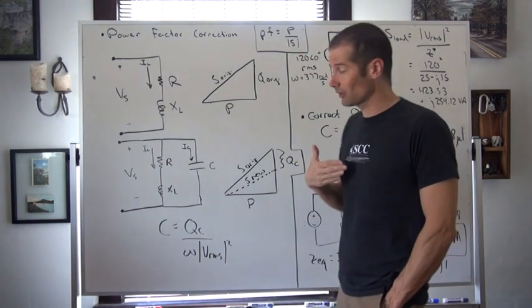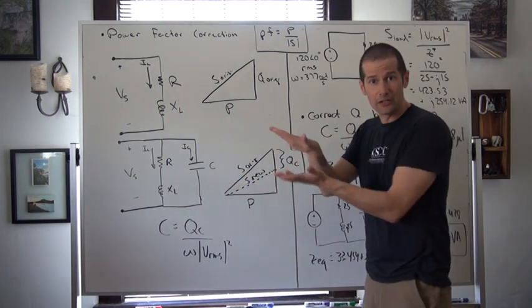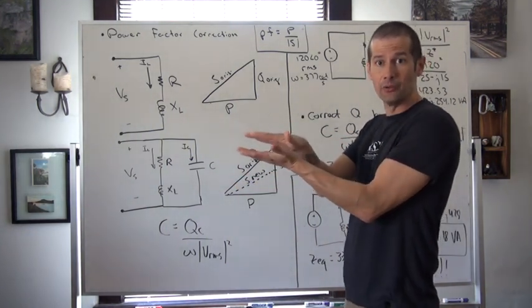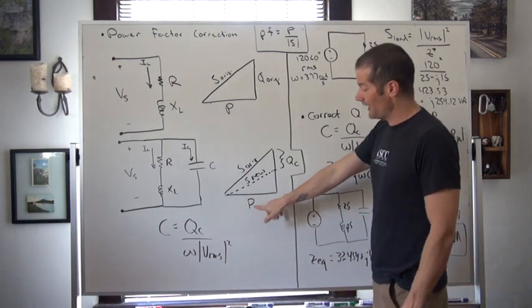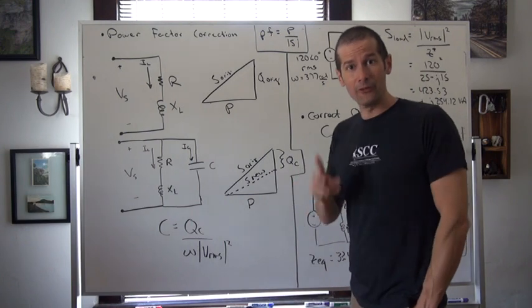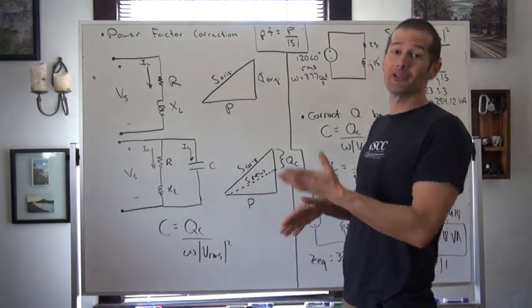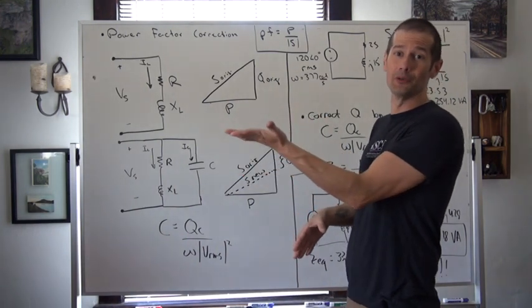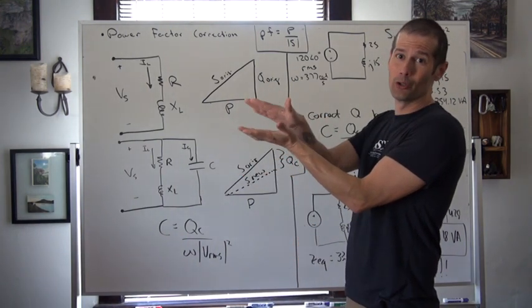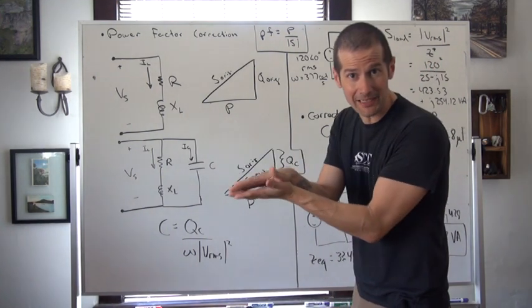So as we get closer and closer by lowering that apparent power down, we decrease the phase angle between the real power and the reactive power. Or if we go back to theta V minus theta I, we're causing that phase angle for the voltage and the current to get closer and closer to where they're almost in phase.